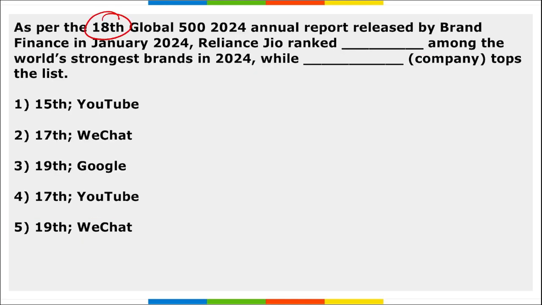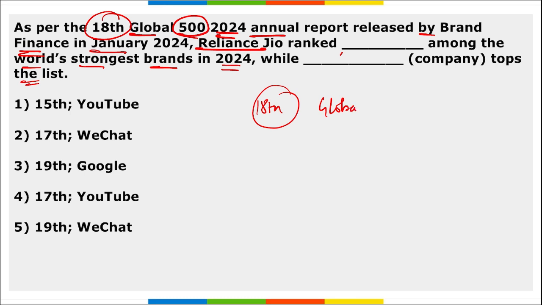Next, as per the 18th Global 500 2024 annual report released by Brand Finance in January, Reliance Jio ranked dash among the world's strongest brands in 2024, while dash company has topped the list. So we are talking about the 18th edition of the Global 500 2024 report released by Brand Finance.